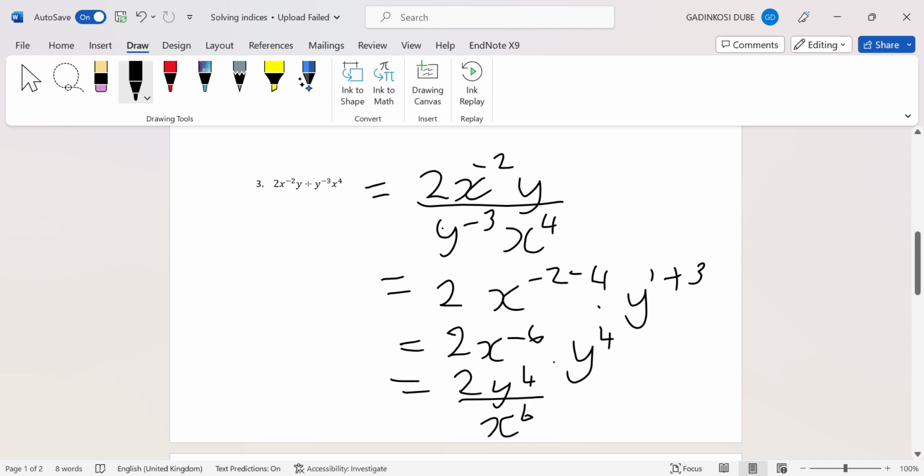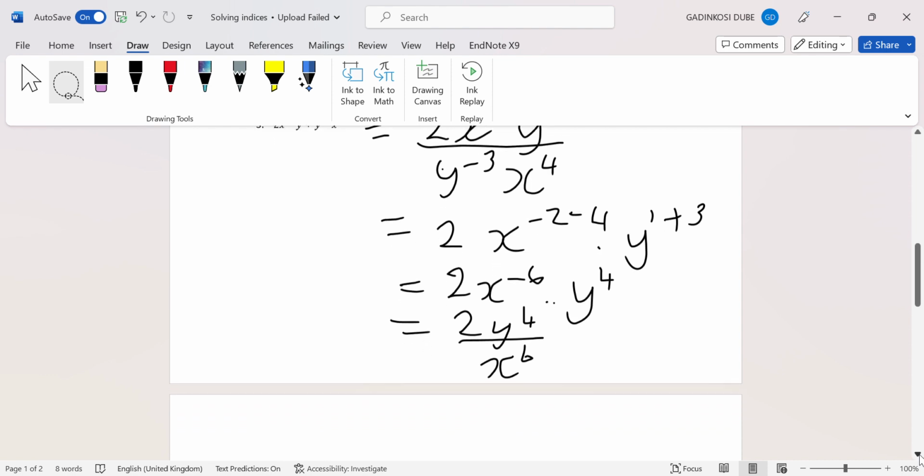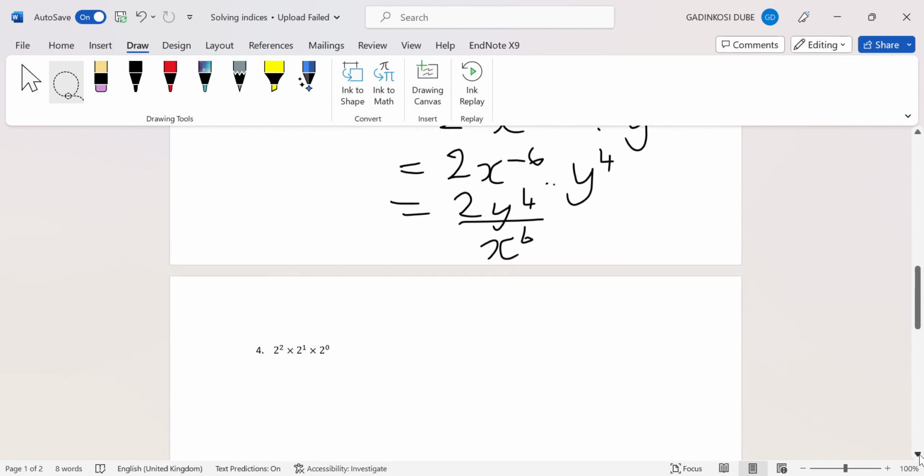You take it below the division line, and when you make it a denominator, the negative sign will disappear. You're just converting by writing its inverse. Those are the rules of indices, and that's how you simplify that expression.